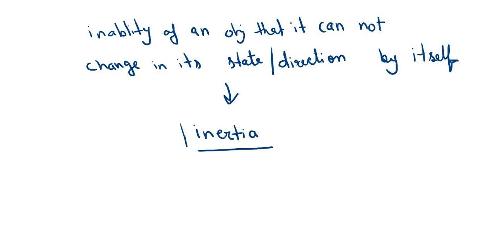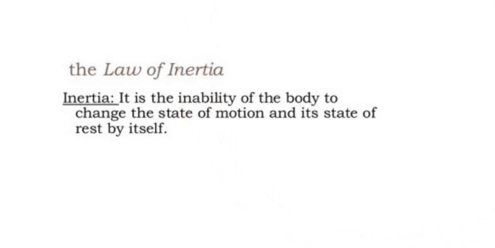What is inertia? Inertia is an inability of an object by virtue of which it cannot change its state by itself, or it cannot change its direction by itself. It always requires an unbalanced external force. We can define inertia as an inability of a body to change its state by itself.